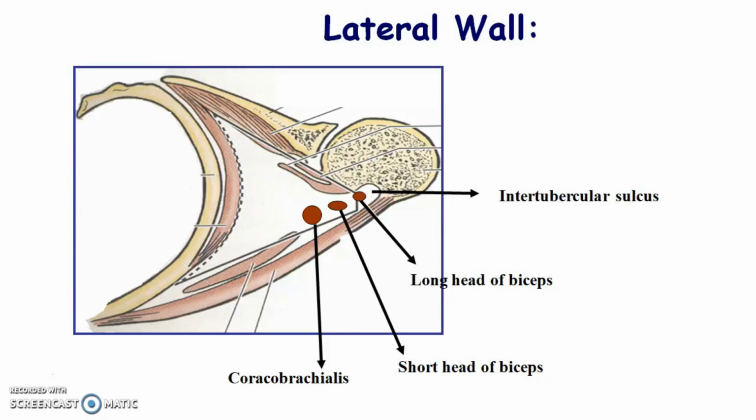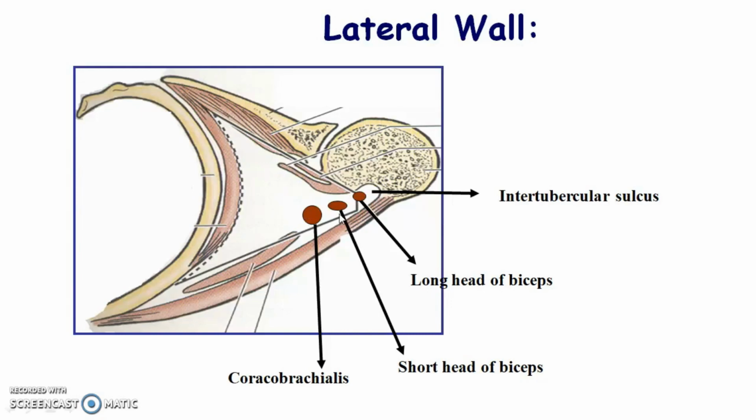And we will be having the posterior wall formed by 3 muscles such as subscapularis, teres major and latissimus dorsi. Now we are moving to the medial wall. The medial wall is formed by serratus anterior along with the upper 4 to 5 ribs with its intercostal space contents. Now we are seeing the lateral wall.